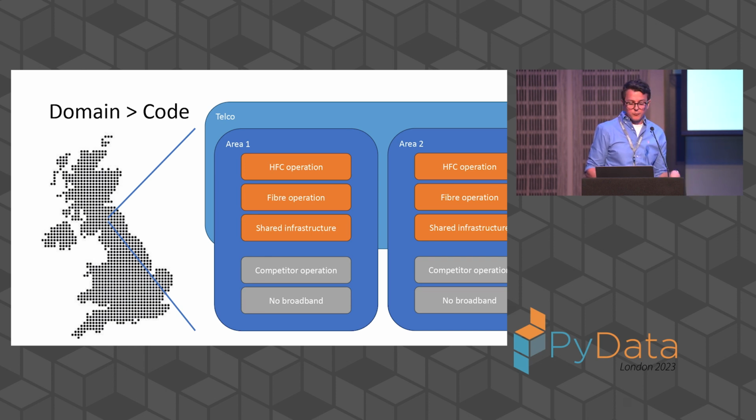And I'll come on to what we do with them in a sec. But then that's all wrapped in a sort of telco object, which then knows information about the time value of money and a bunch of other things. And that operates across a large number of areas. And so we have, as I say, thousands and thousands of these areas.